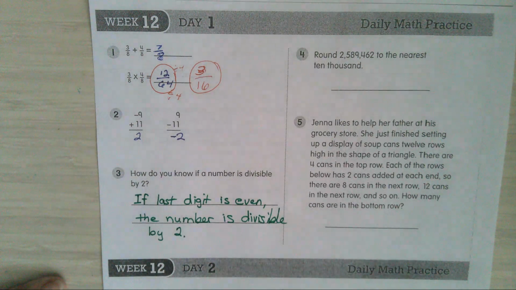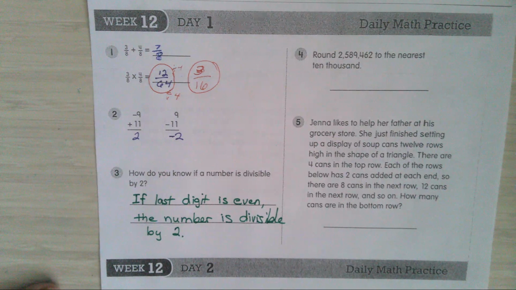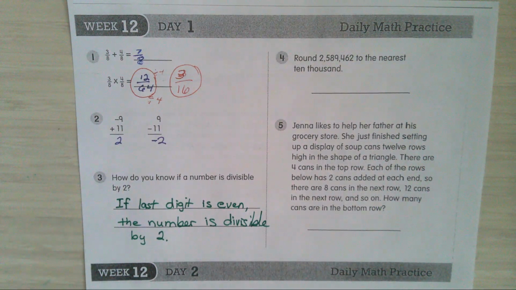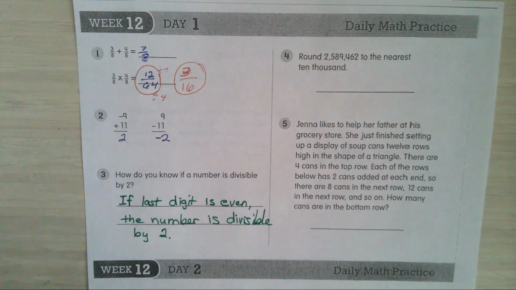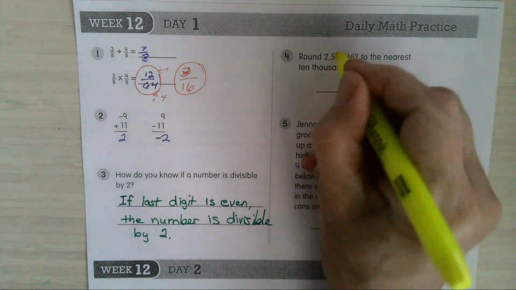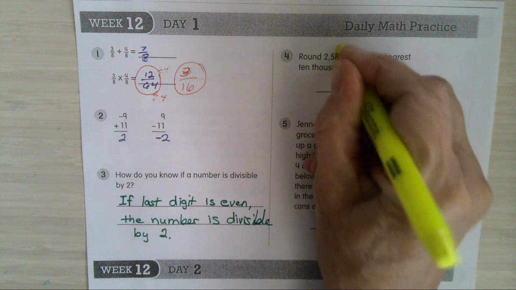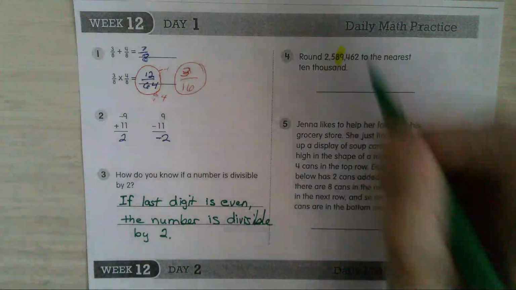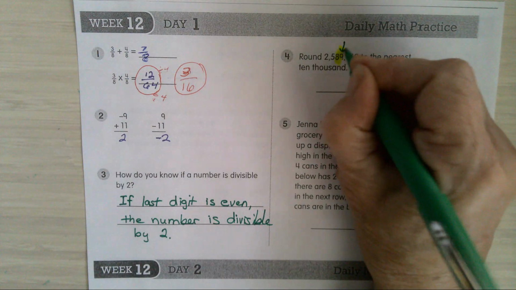All right. In problem number 4, it says round to the nearest 10,000. The number in the 10,000s place is the 8. Now you look at the number behind the 8. It's a 9. 9 is a bumping number.